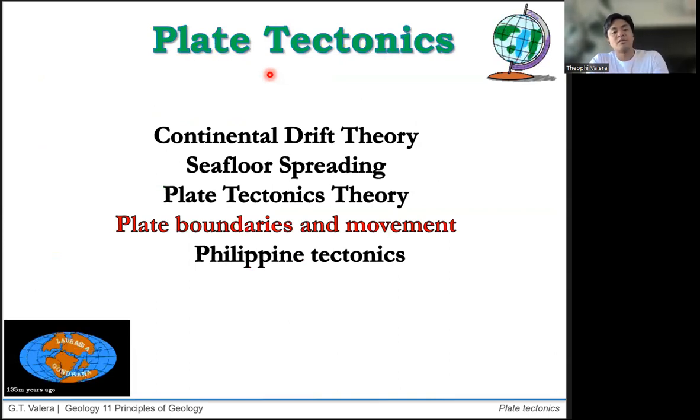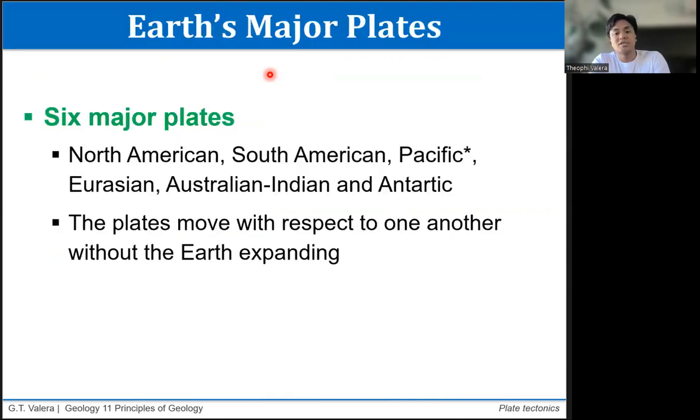So let's now talk about the different plates or the plate boundaries. There are 6 major plates: North American plate, South American plate, Pacific, Eurasian, Indo-Australian, sometimes Australian Indian, and then Antarctic plate. Take note that these are plates.